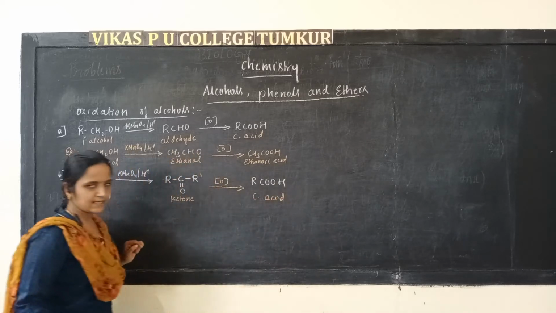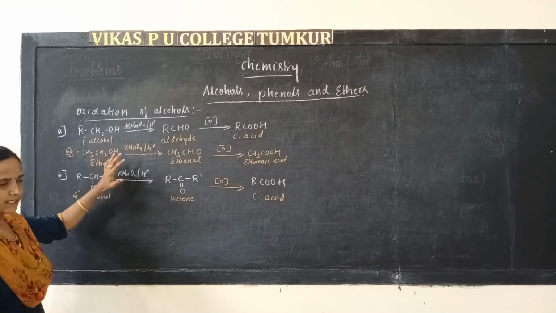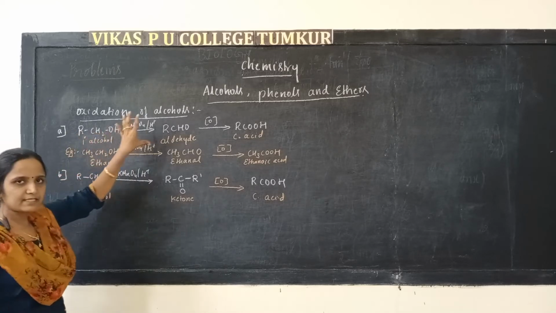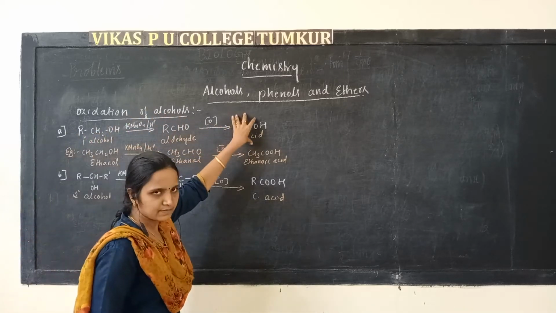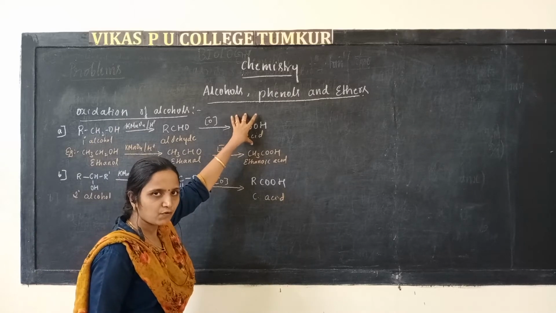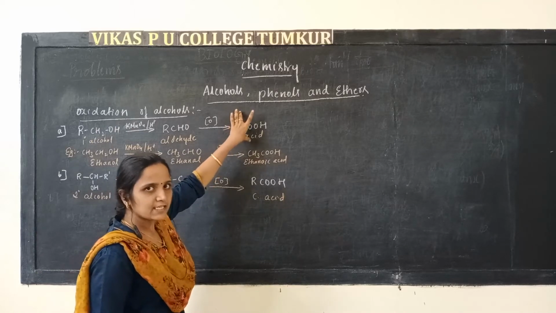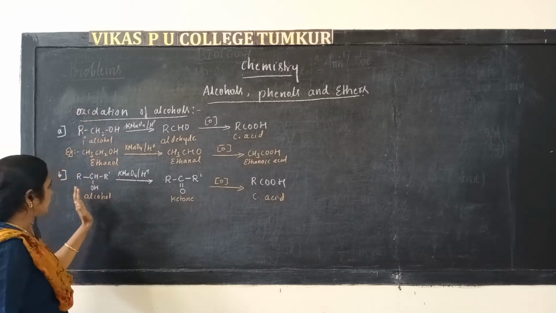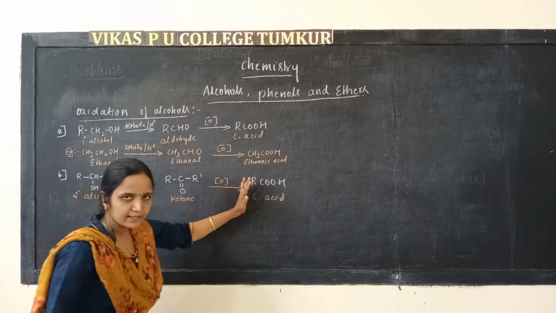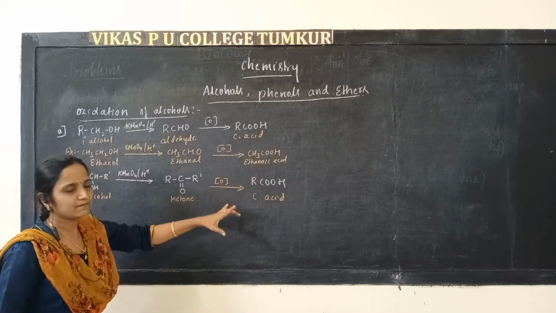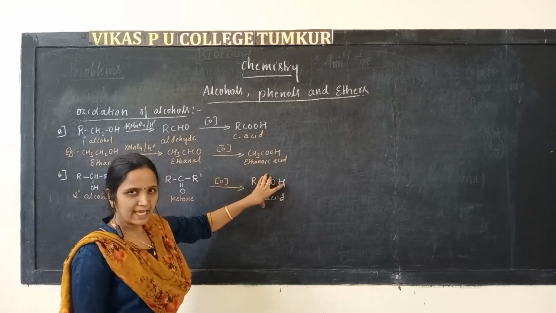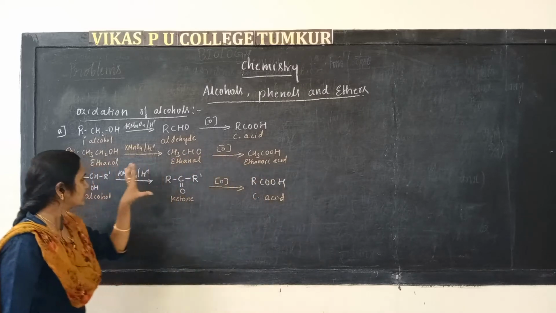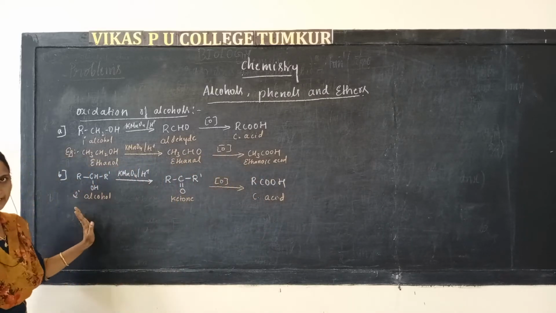You can observe that in the first case, the carboxylic acid contains the same number of carbon atoms as the alcohol. But in the second case, the carboxylic acid formed contains fewer carbon atoms compared to the secondary alcohol that reacted.